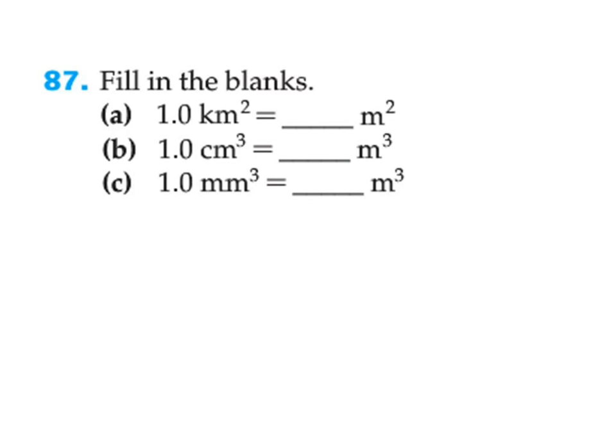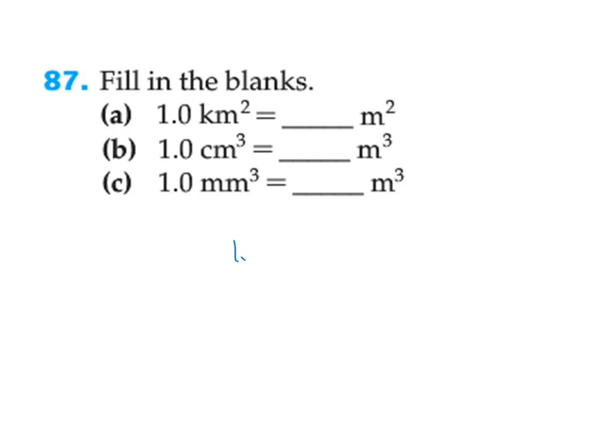Just for kicks, let's see how we're doing with the metric system. On your test this week, there are going to be questions like kilometers to meters. Is there going to be something like yards to kilograms? No, nothing exotic like that.